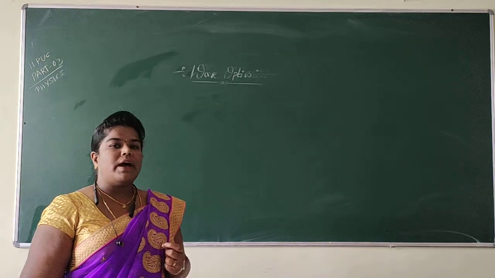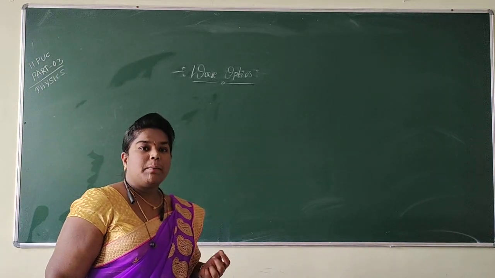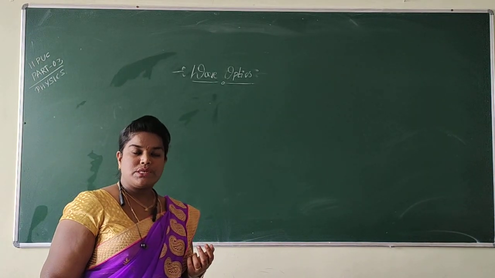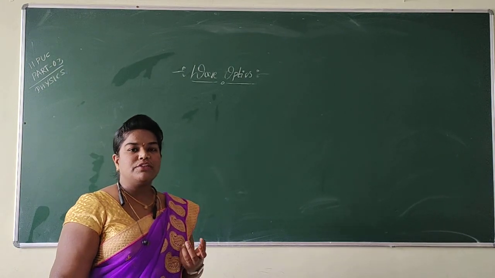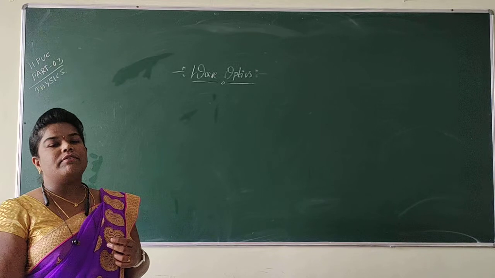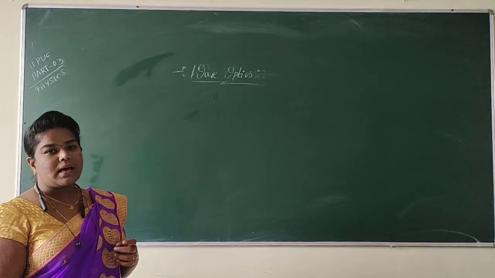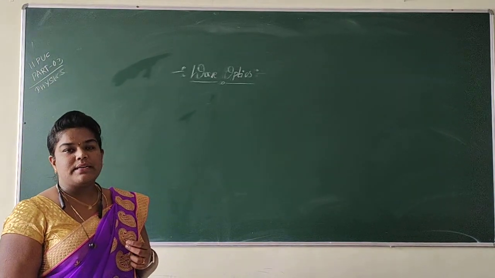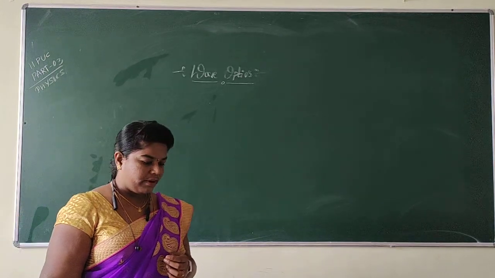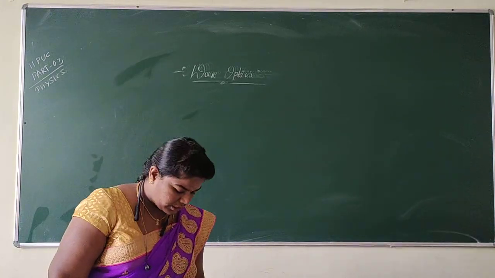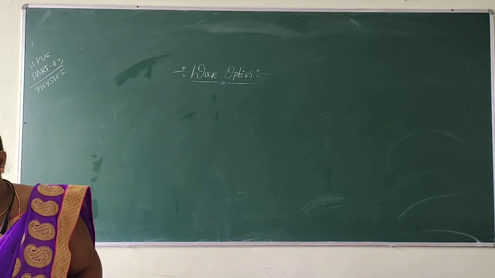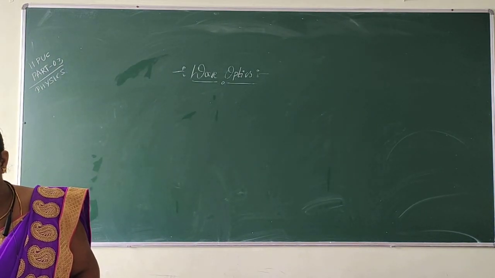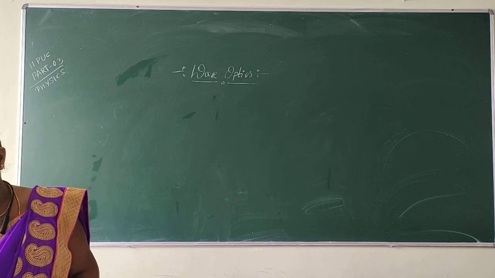With the help of Huygens principle and the wavefront, we have shown how reflection takes place and how refraction takes place, and we have even proved that i is equal to r in case of reflection. Sorry, the law of reflection. That is, the angle of incidence is equal to the angle of reflection.